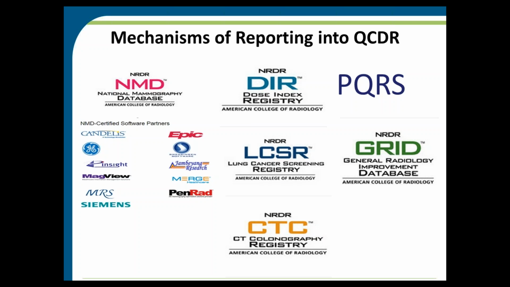So NMD, the Dose Index Registry, Lung Cancer Screening, and GRID, all of these registry options on this screen have measures that can be reported to the PQRS program. So for individuals who indicated that they didn't know if they participated in a QCDR or not, if you are familiar with any of these acronyms or have seen them in passing or heard them at meetings, you may actually be participating in the QCDR.